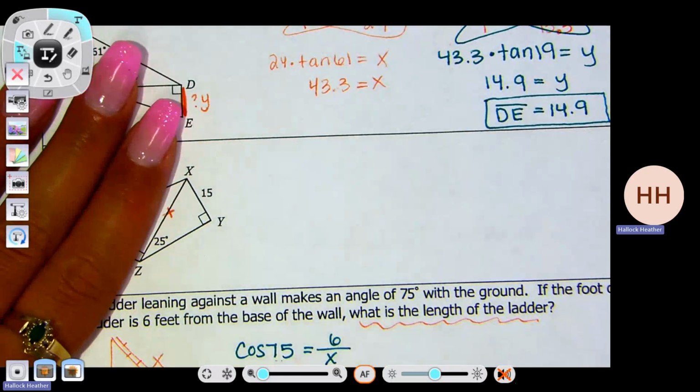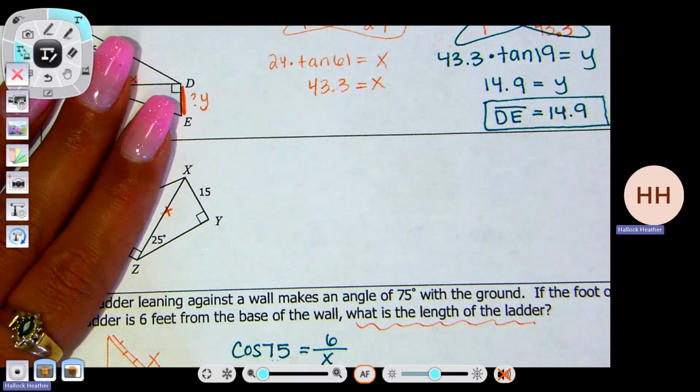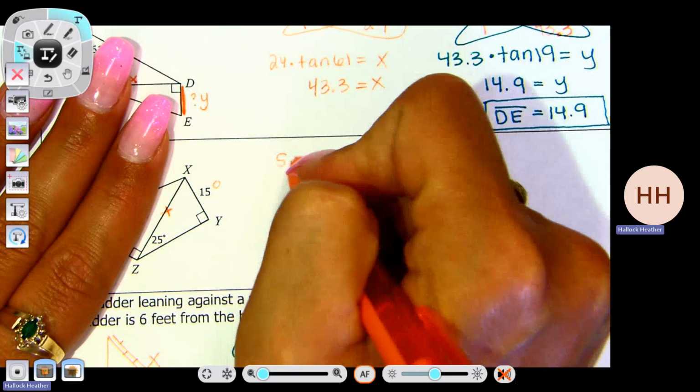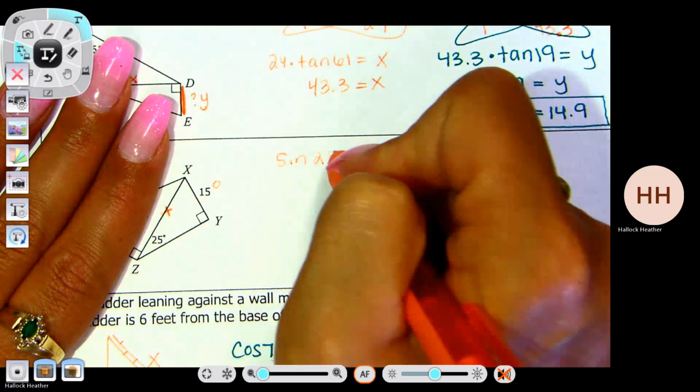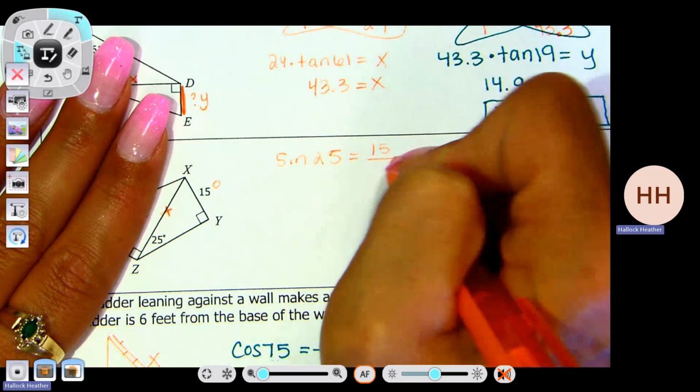So if I have this, is that sine, cosine, or tangent? This is sine. So you have opposite and you have hypotenuse. So we're going to say sine 25 equals 15 over x.